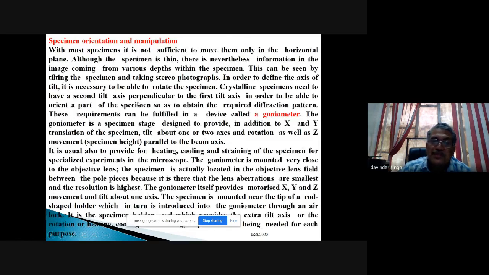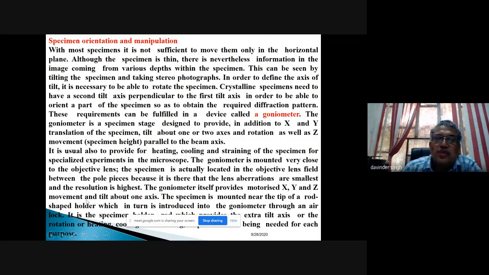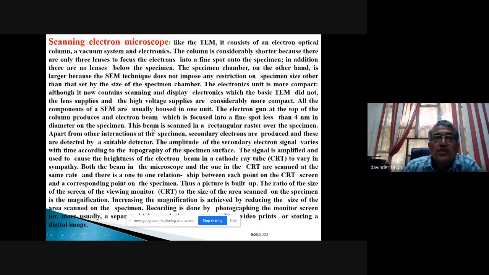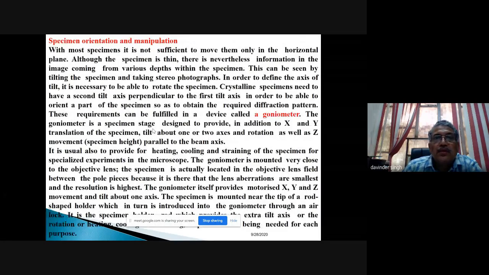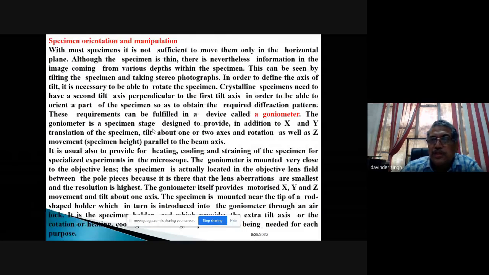Another important thing with the latest improvement in microscopy, especially in the TEM, when you have a very small sample, is orientation and manipulation, meaning along what angle and what direction you can observe the structure. In that system, generally you have a goniometer. With that goniometer, you can change the position.